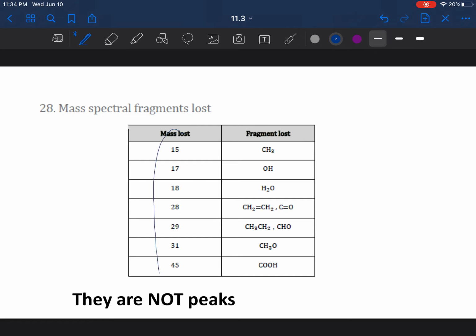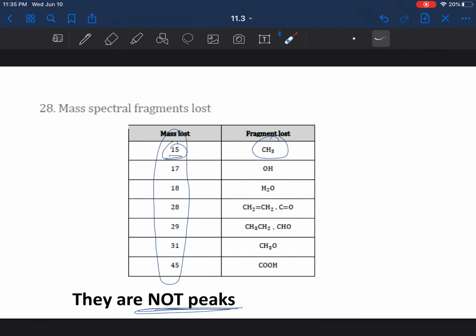It tells you these things called fragment loss. Now, these are not peaks, okay? Don't think that, oh, CH3 will give you a peak at 15. No, don't think that way. What 15 means is that 15 is the mass of CH3. So if your chemical has a fragment of CH3, the molar mass should lose 15 grams per mole.